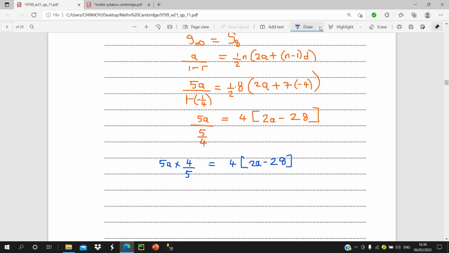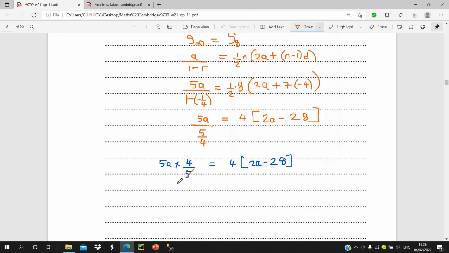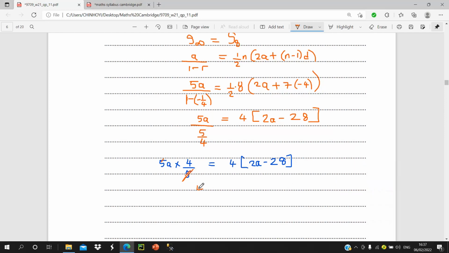Here the 5s are going to cancel. This 5 is going to cancel with this 5, so we are going to remain with 4a, which is equal to 4 times 2a minus 28.